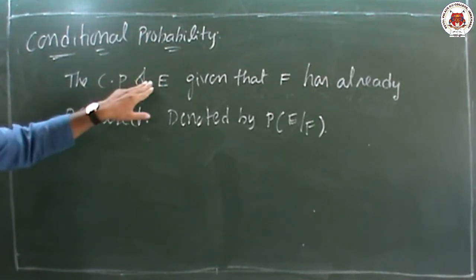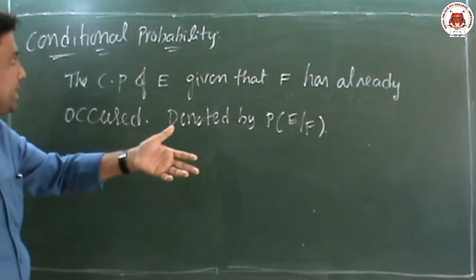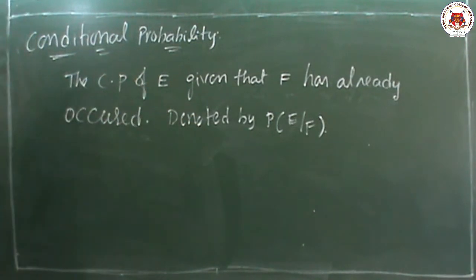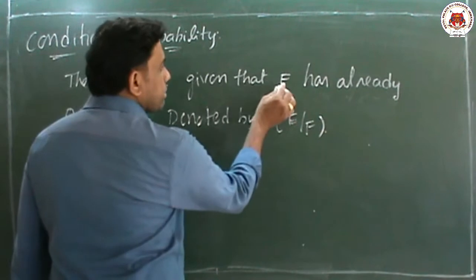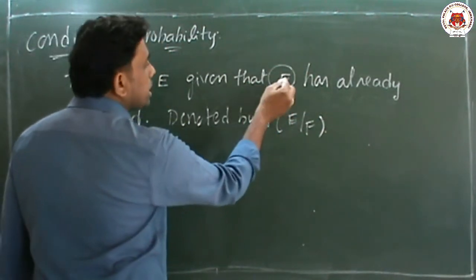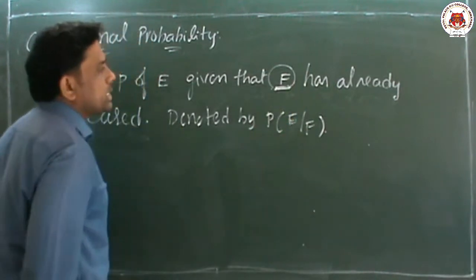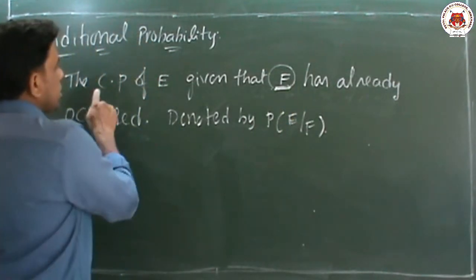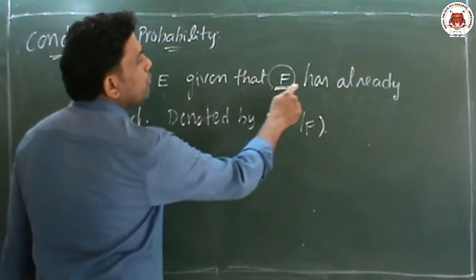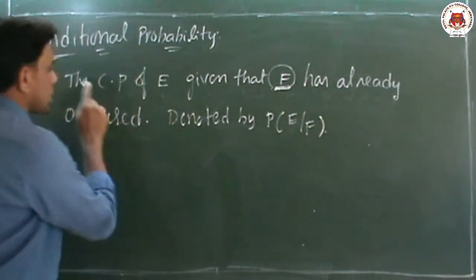First of all, I am going to explain what is the conditional probability. Conditional probability means which one you have to find, that event you have to take as E. Whatever is given, he will give one event, that you take as F. That's why this is the definition: the conditional probability of E given that F has already occurred.